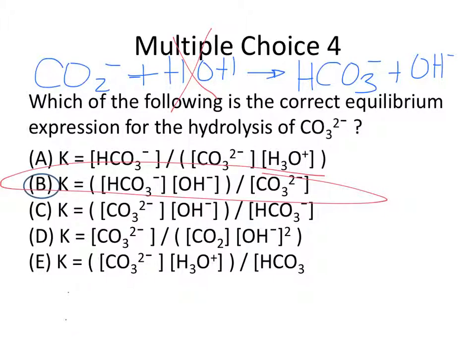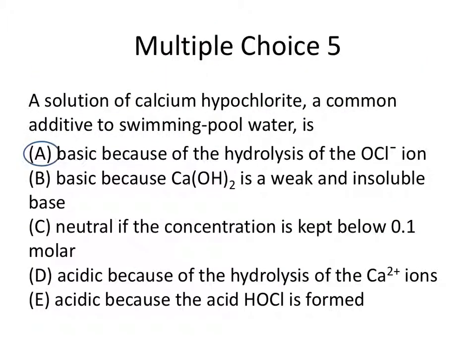That's easy. Question 5: a solution of calcium hypochlorite, which is Ca(ClO)2, a common additive in swimming pool water, is basic because of the hydrolysis of the OCl minus ion, or basic because calcium hydroxide is a weak and insoluble base. That doesn't make any sense.